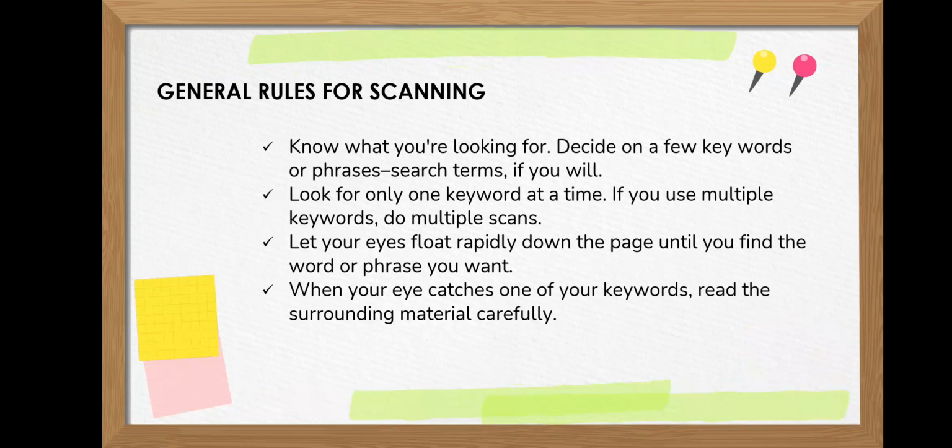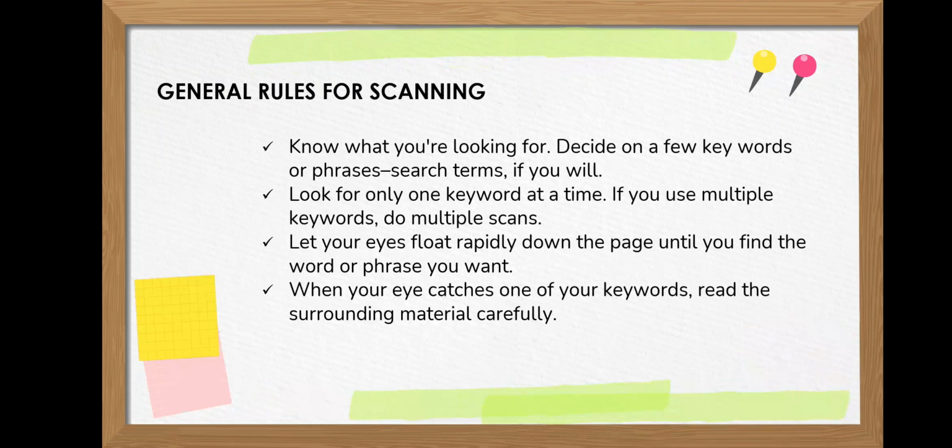So what are the general rules for scanning? There are 4 general rules. First, know what you're looking for and decide on a few keywords or phrases or search terms if you will. So before scanning, if possible, you can list down the words on a sheet of paper or in a notebook, the list of keywords that you want to scan.